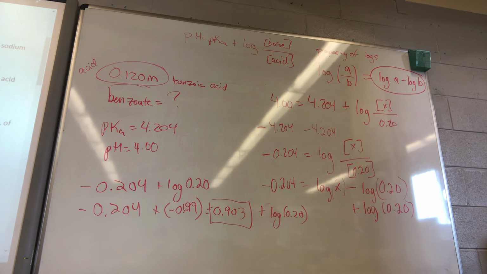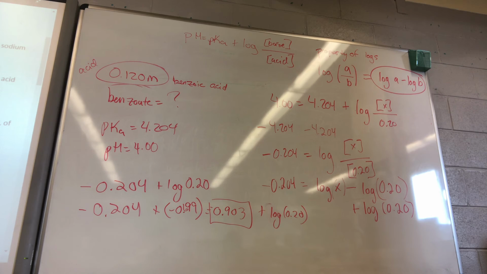How have we solved logs in the past? 10 to the. So 10 to the log and 10 to the negative 0.903. We're not going to change the sign. What does that come out to be in your calculator? 0.125. There's our answer.